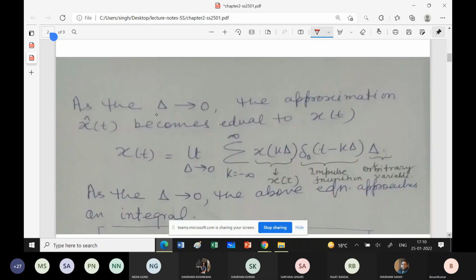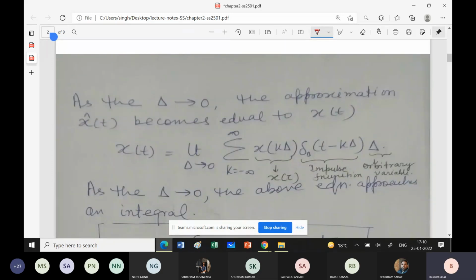Now, as this delta tends to 0, this estimate of x(t) becomes equal to x(t). Again, we have seen this kind of operation in mathematics.